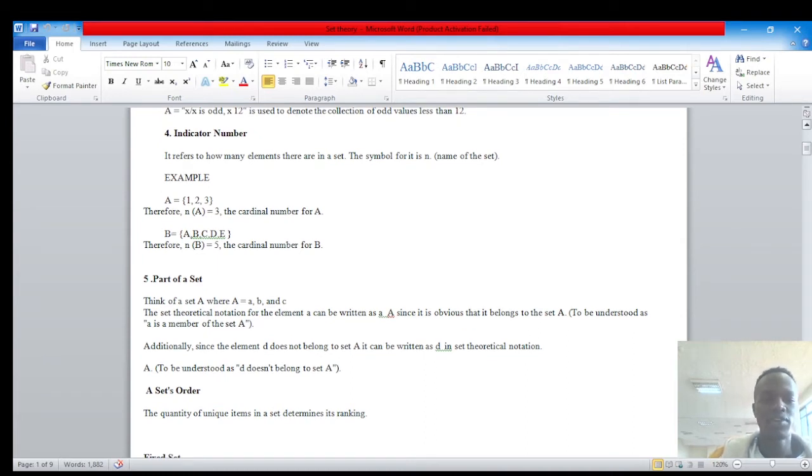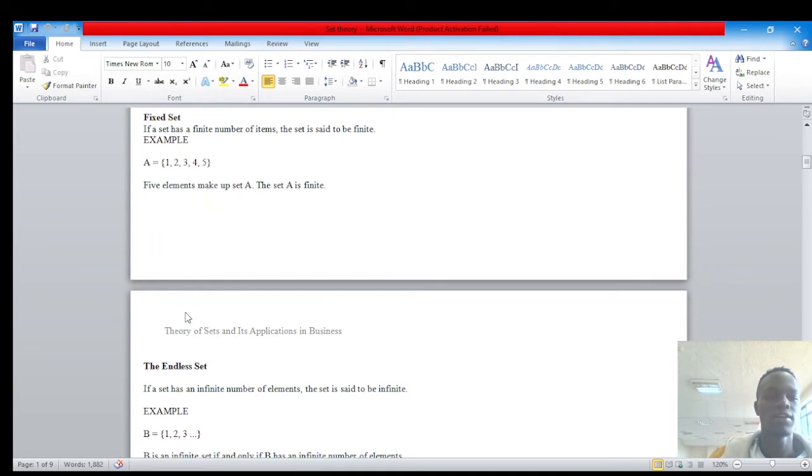The theoretical notation for the element a can be written as a ∈ A, since it's obvious that it belongs to set A, understood as a is a member of set A. Additionally, since the element d does not belong to set A, it can be written as d ∉ A, understood as d doesn't belong to set A. As easy as that.